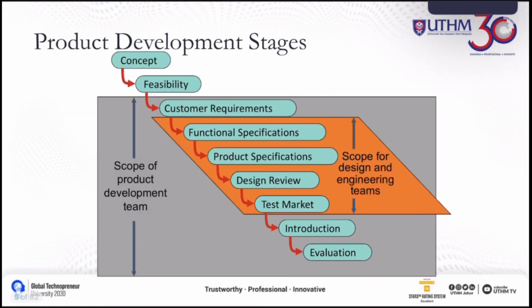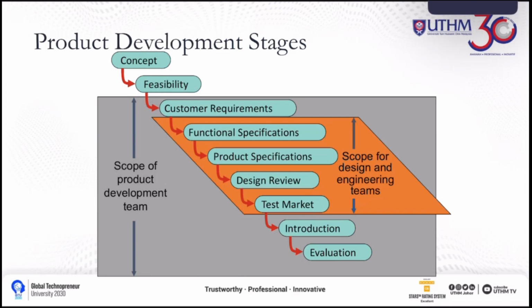Now we look into the stages of product development. There are a few stages: the concept, feasibility, customer requirements, up until evaluations. We have two teams here in the product development stage. The first team we call the development team, and the second one is the engineering team.